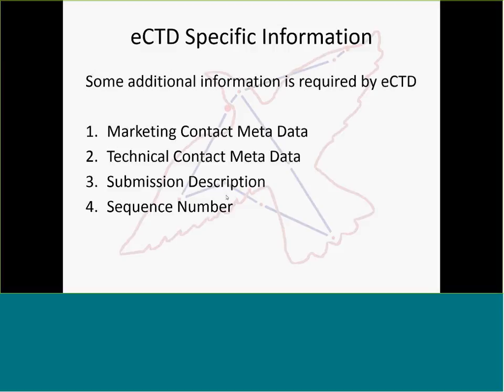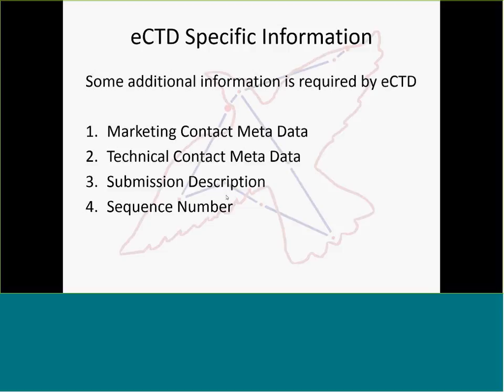Then you have a sequence number. Anytime you submit something electronically, it must be assigned a 4-digit sequence number. This means that there are exactly 10,000 possible submissions to an application. And this is one of the issues that the FDA was wrestling with prior to accepting marketing materials, because some sponsors create a huge number of pieces they would need to submit through their application.